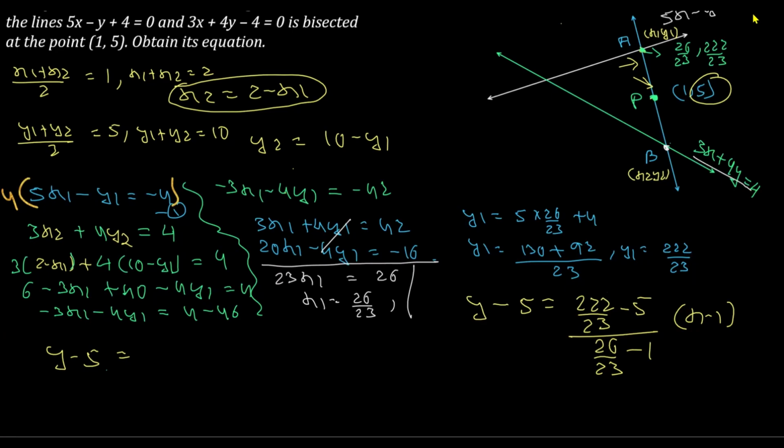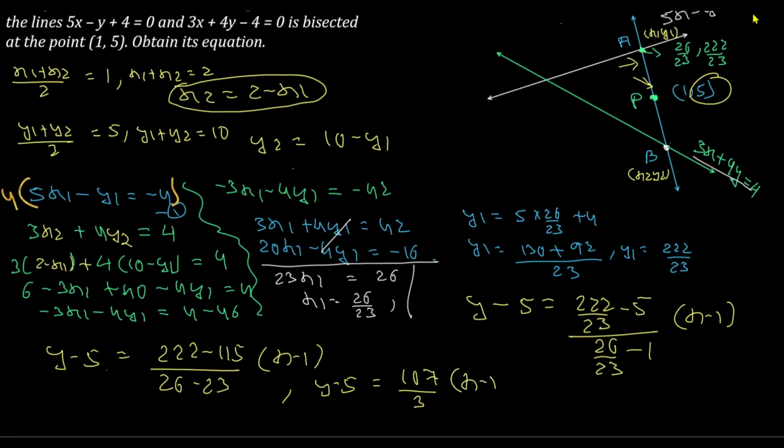So 222 minus 115, and same in the denominator, it should give you 26 minus 23, that multiplied by x minus 1. One more step that involves y minus 5 is equal to, on reducing this, if I subtract 115 from 222, I'll get 107. So this is 107, and this is clearly 3, that multiplied by x minus 1.